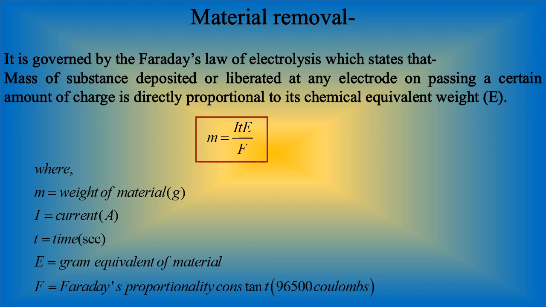So we can see that current is directly proportional to M, time is also directly proportional to M, E is also directly proportional to M, and F is inversely proportional to M. All these factors are important parameters which will govern the material removal rate.